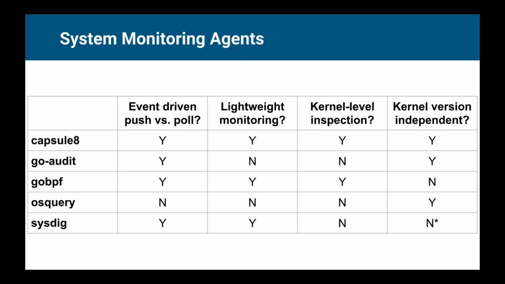In a distributed system, if you're relying on pulling across the environment, often the list of active systems becomes out of date, and this is also relatively inefficient because you can't pull really quickly. Whereas something that's pushing and streaming events has a lot lower performance overhead and lower latency to any response. The monitoring also must be lightweight. And what I mean by lightweight is it must not impact the workload negatively.